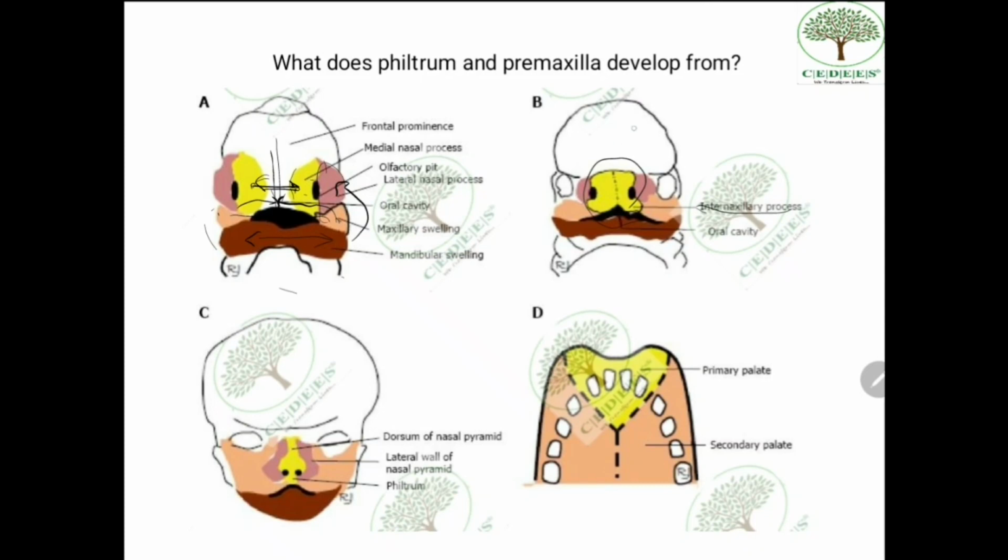It is called the intermaxillary because it is present exactly between the 2 maxillary processes. You can see here. Since it's the fusion in the midline, definitely it's going to form the philtrum which is present in the midline, and the premaxilla, that is the portion of maxilla with the 4 incisor teeth and the primary palate.